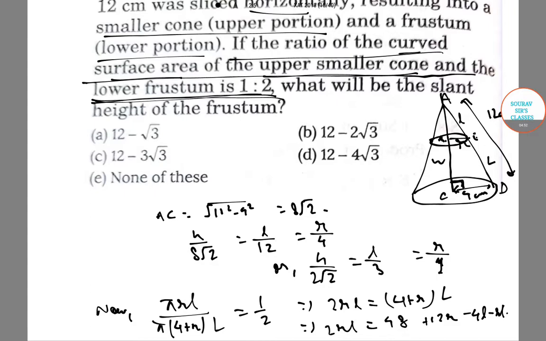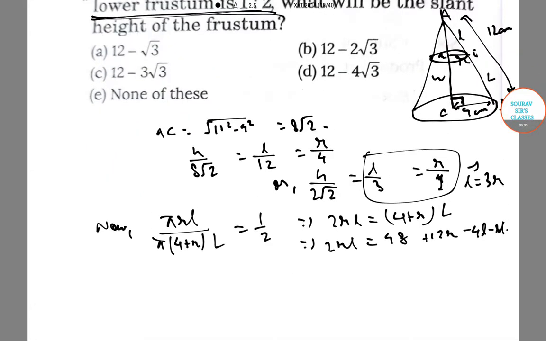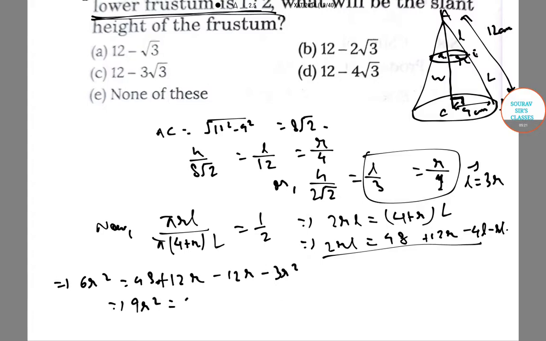Also, from this we get L equal to 3R. So this equation becomes 6R squared is equal to 48 plus 12R minus 12R minus 3R squared, or 9R squared is equal to 48.